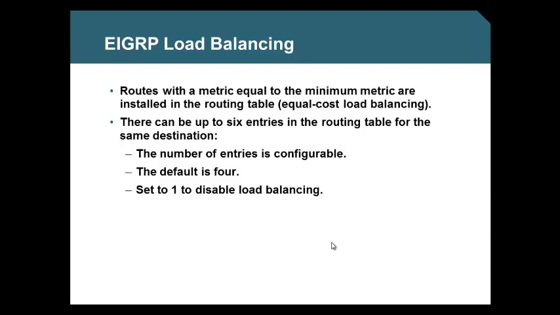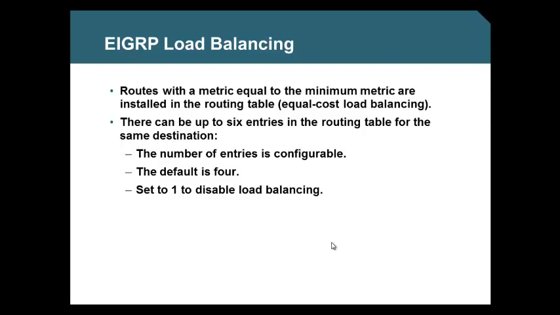There is a value called variance, which is set to 1 in order to disable unequal cost load balancing. Variance is set to 1 to support equal cost load balancing.